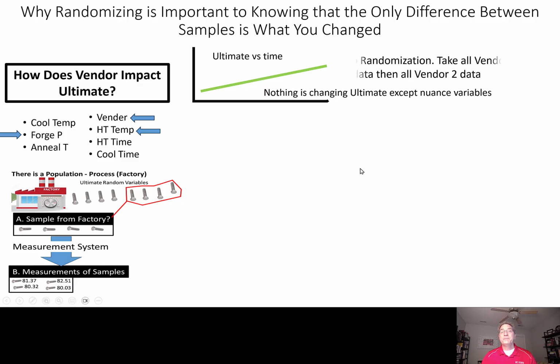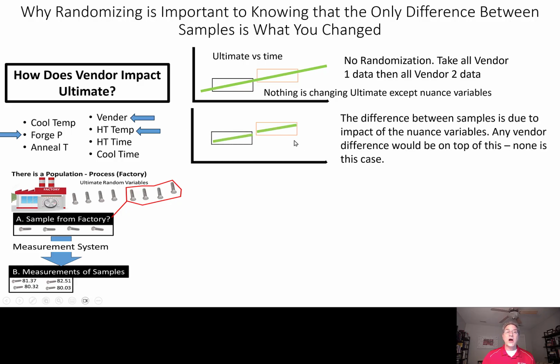Now imagine that we don't randomize. We take all vendor 1 data, then we come in and take all vendor 2 data. And I hope you're looking at that seeing, wow, wait a minute. All the data for vendor 2 is going to be high, not because it was vendor 2, but just because it was taken later and the nuisance variables are making it rise. That's right.